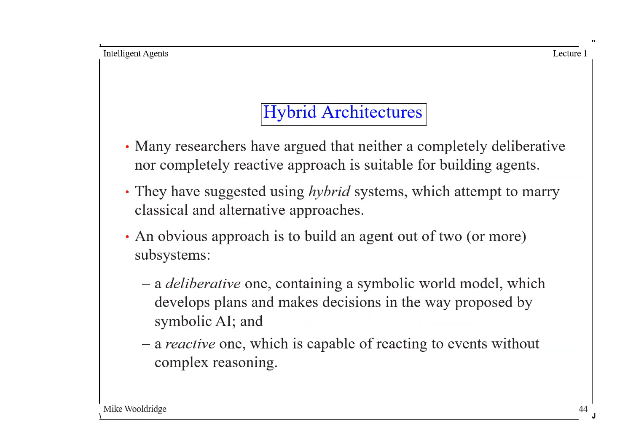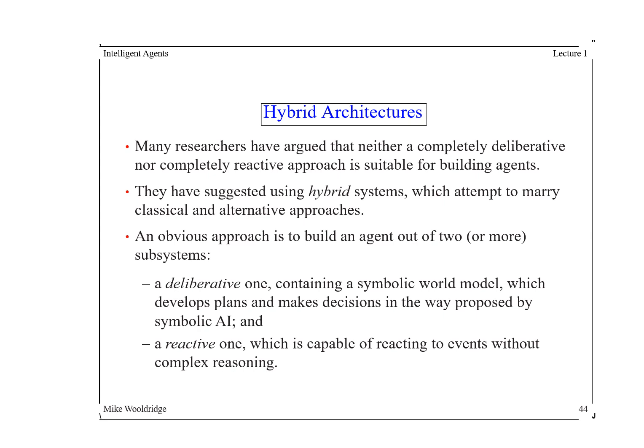Many researchers have argued that neither a completely deliberative nor a completely reactive approach is suitable for building agents. As we have seen before, we have the deliberative approach as well as the reactive approach for building agents, but both of them are not good enough. So they have suggested using hybrid systems, which attempt to marry the classical and the alternative approaches.